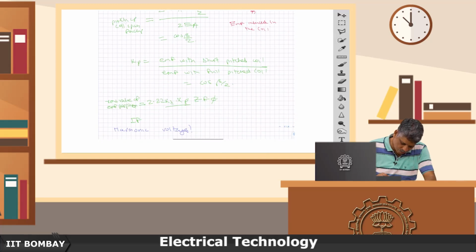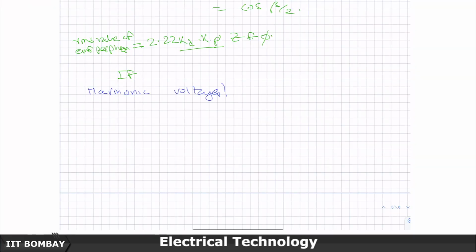So, therefore, the nth space harmonic will be attenuated by cos of n beta by 2.